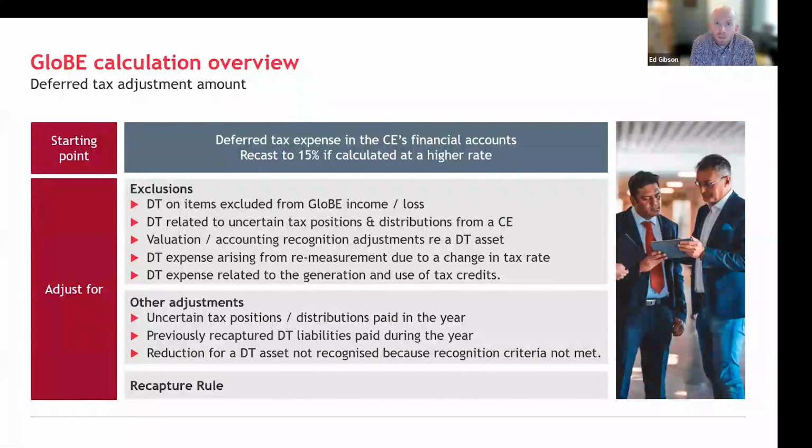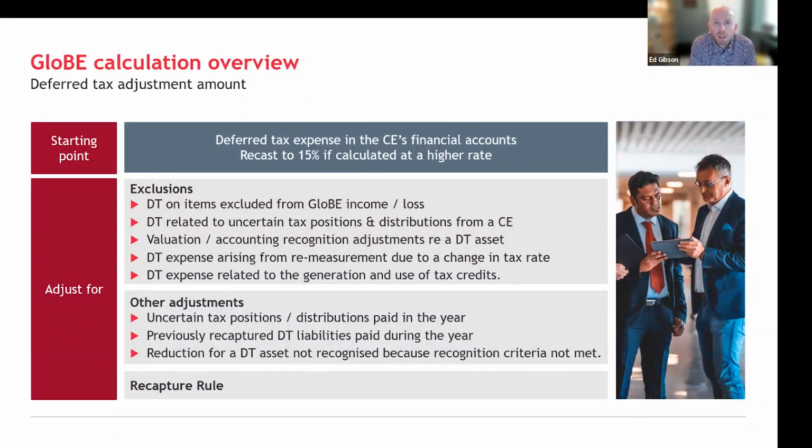So the local country rate has no impact. If the local country rate is below 15%, you don't uplift it, you just leave it as it was. There are then a number of adjustments to go through. Again, similar to what we saw in the current tax part, anything to do with judgments is basically eliminated from the allowable amount for deferred tax.